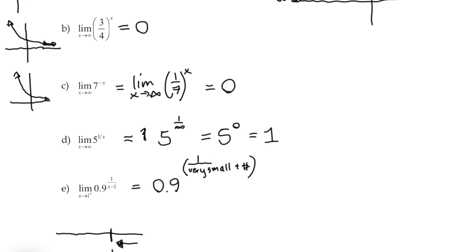Sorry, I apologize. 1 divided by a very small positive number is infinity. My bad. So 0.9 to the infinity. If you multiply a base that's less than 1 more and more and more times, you're going to get 0.